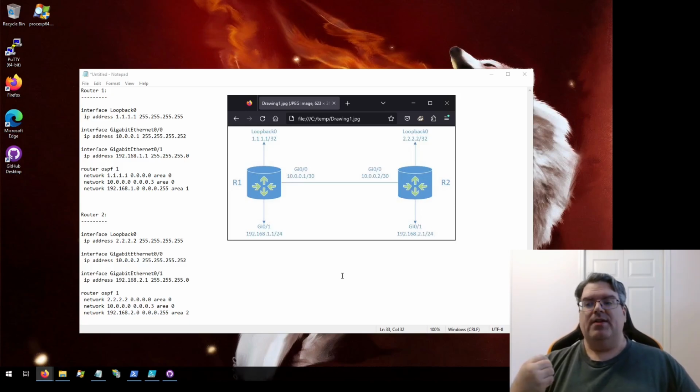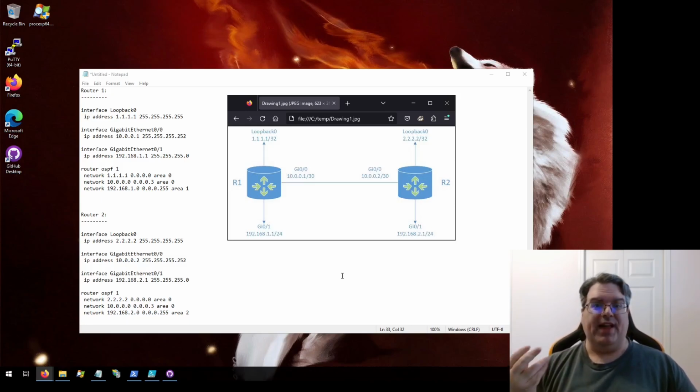So, do we want 50 different routers on a single Ethernet link, all talking to every single one of the other 49? No, we don't. That would be way too much traffic. So, routers that have an update will send that update to the multicast address for all DR or all BDR routers.